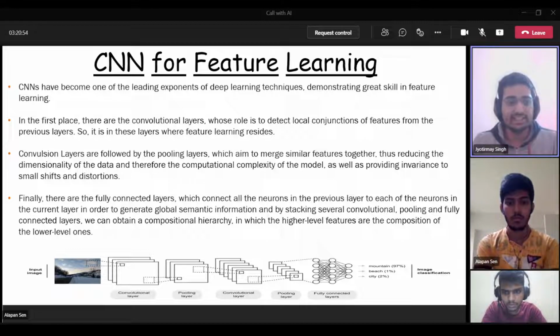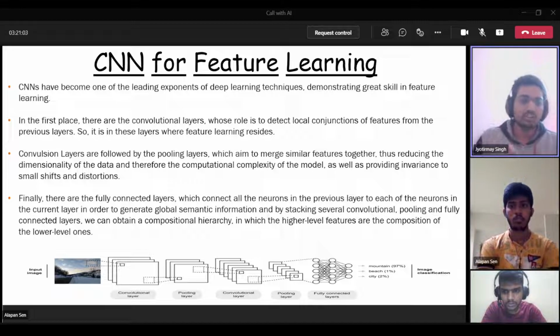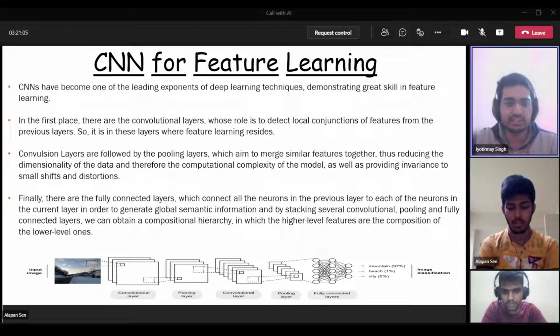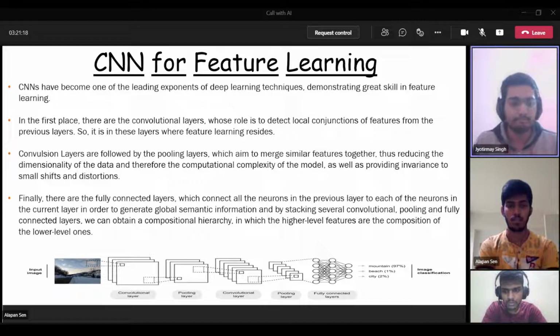CNNs have become one of the leading exponents of deep learning techniques, demonstrating great skill in feature learning. In the first place, there are the convolutional layers whose role is to detect local conjunctions of features from the previous layers. So it is in these layers where feature learning resides. Generally, CNNs have three layers.